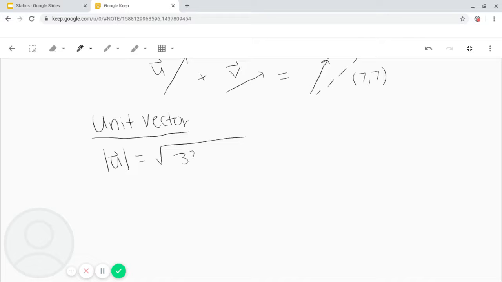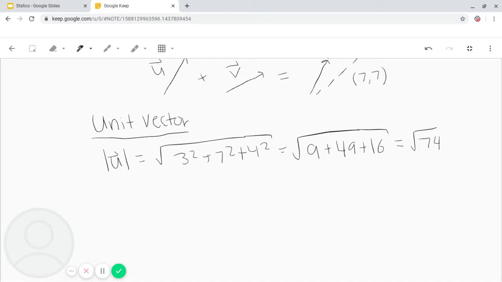So 3 squared plus 7 squared plus 4 squared, 9 plus 49 plus 16 should equal root 74.